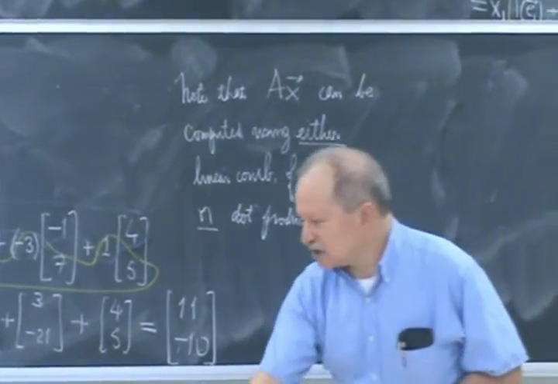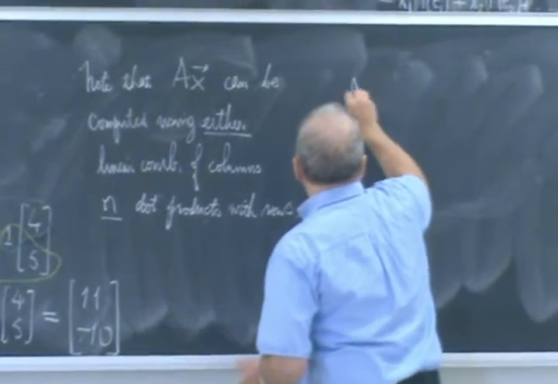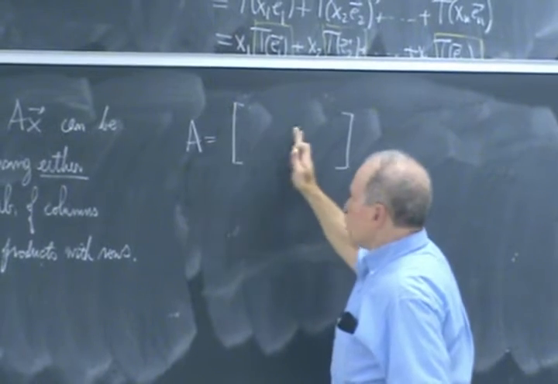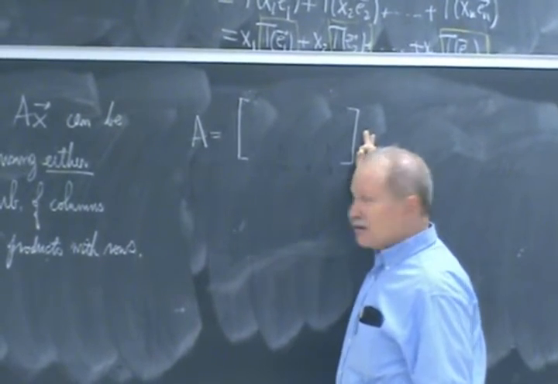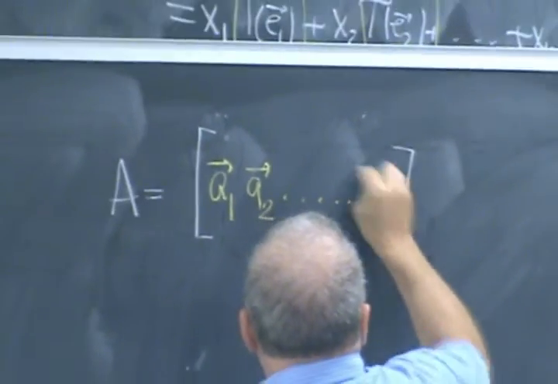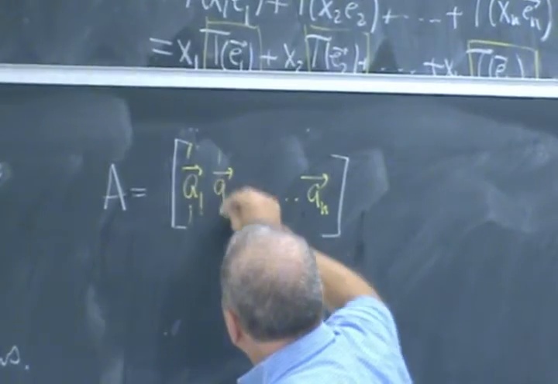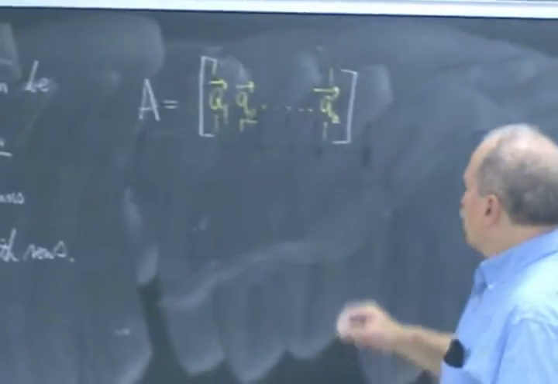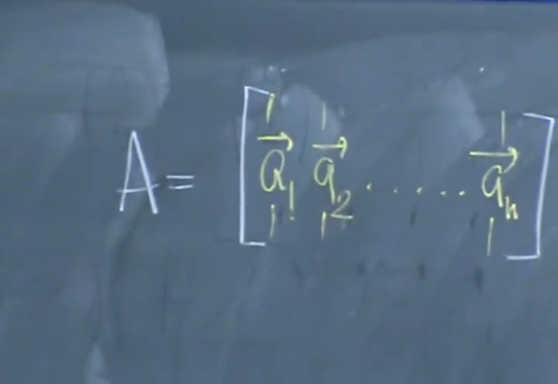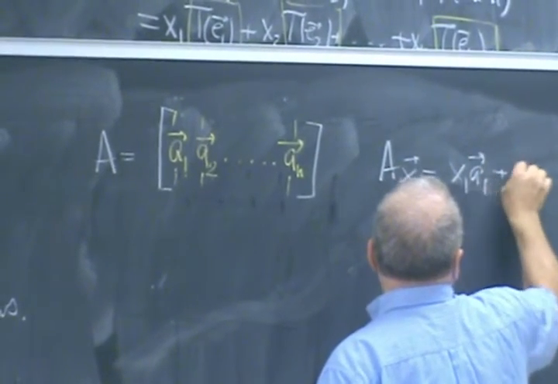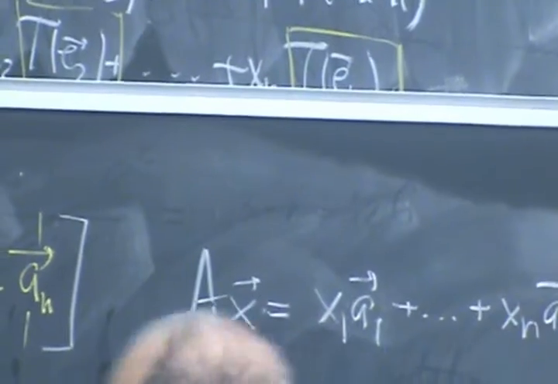I can think of the matrix A as being made up either of n column vectors, which I will write with little letters, vector signs, and I will often put little lines like this to remind you that those are going up and down. In which case, by the way, Ax, we just said, is defined by taking the linear combination of the columns according to the coefficients of x. That's how we defined it.